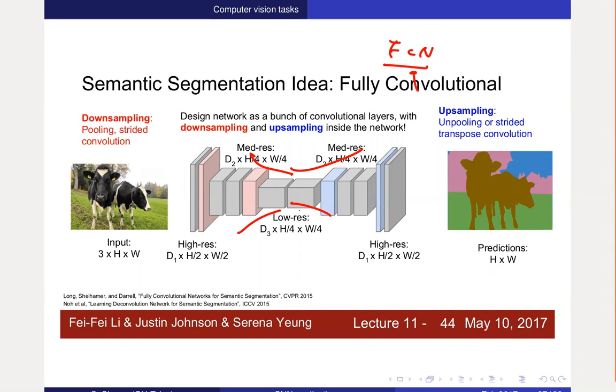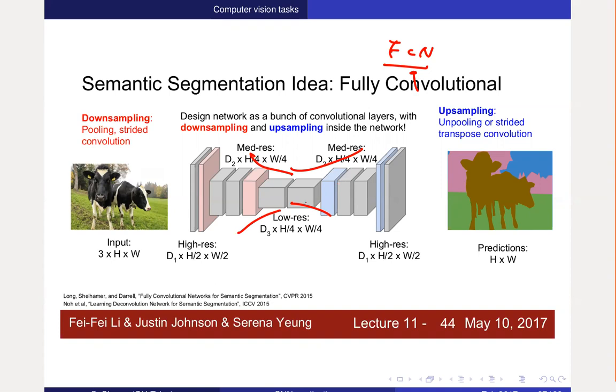That's basically trying to remove the fully connected layer in the network. And there are at least two reasons. One is that the fully connected layer is expensive computationally, there are lots of parameters.